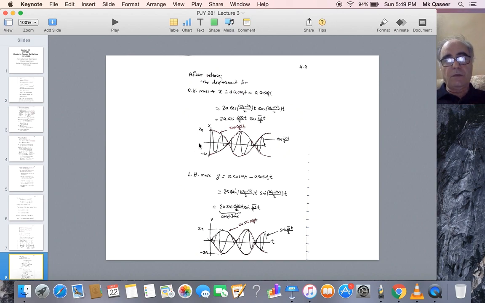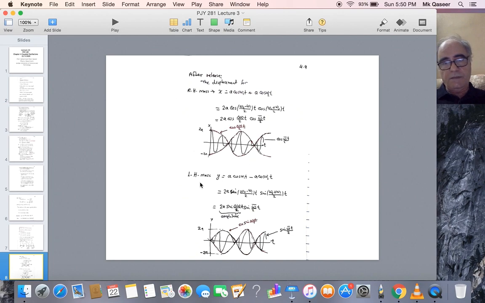We met this equation before in chapter 1. There is an envelope here represented by 2a cosine of (delta omega over 2 t), which is the amplitude of the wave, and the inside wave is cosine omega average t.